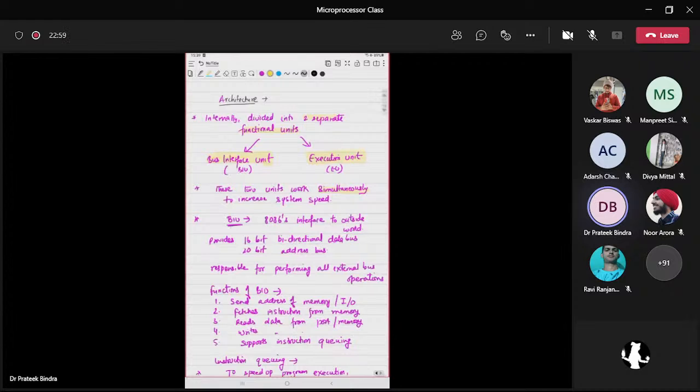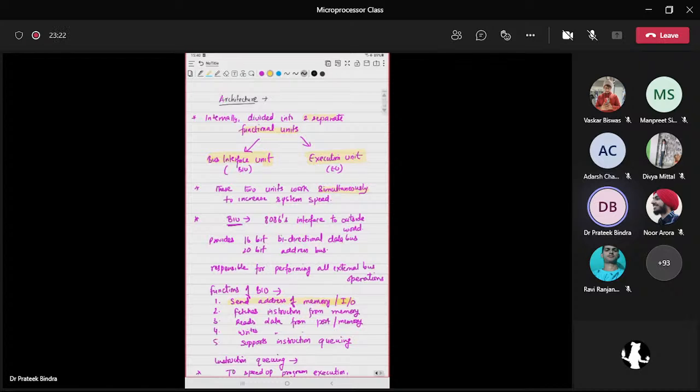First, it sends the address of the memory or input/output. Whenever you want to access some memory location, that location will first be calculated by your BIU. Memory location means your physical address, right?